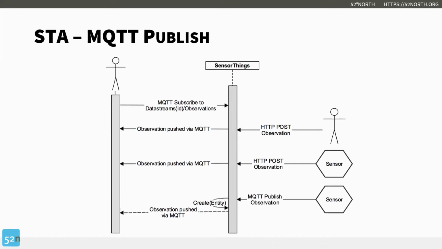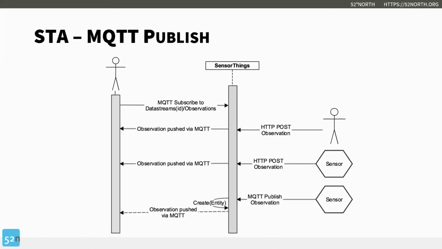One thing is that the SensorThings API can use MQTT to push information to subscribers, to clients. So if you, for example, are connecting to a STA, you can tell the STA, please push new observations via MQTT to me as soon as for a specific sensor new data is available.